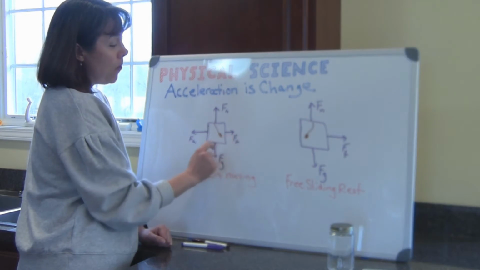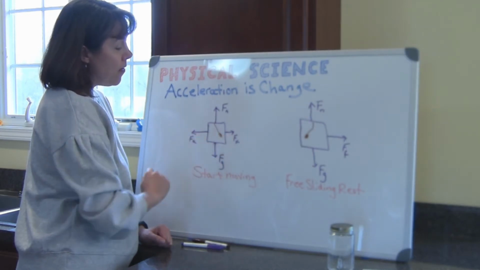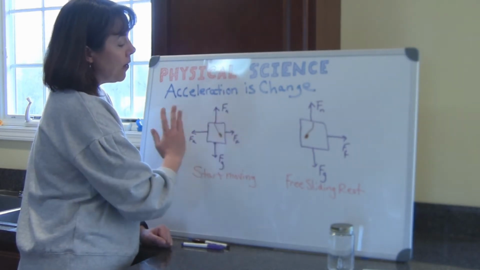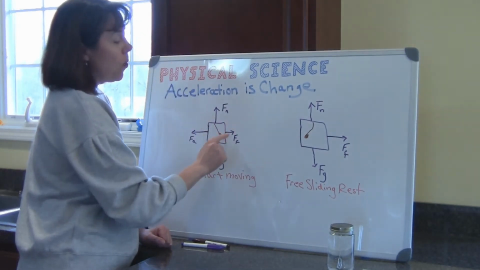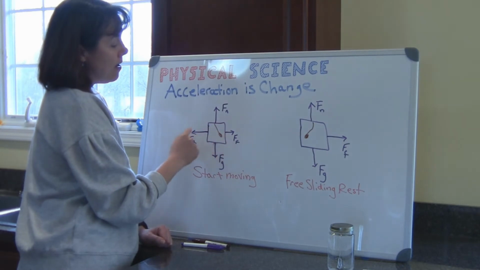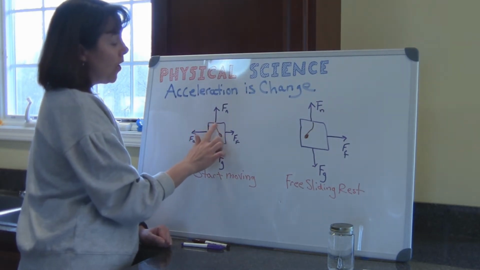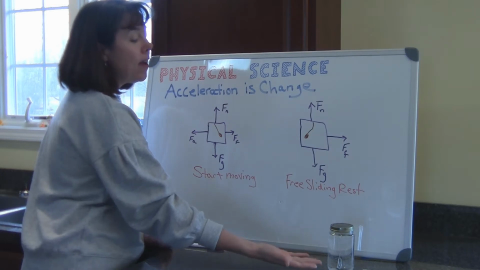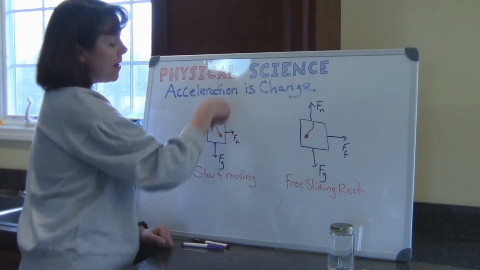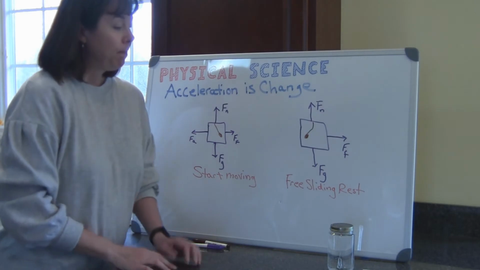Notice that the arrow for the force of friction is smaller than the force applied. If I'm accelerating and it's going in this direction, it means that the force of friction is less than the force applied. The upward arrow represents the normal force, which is supplied by the top of the countertop, and then that is opposed by the force of gravity.